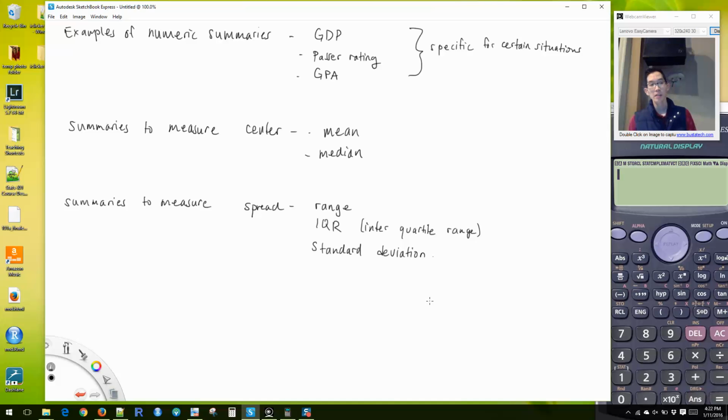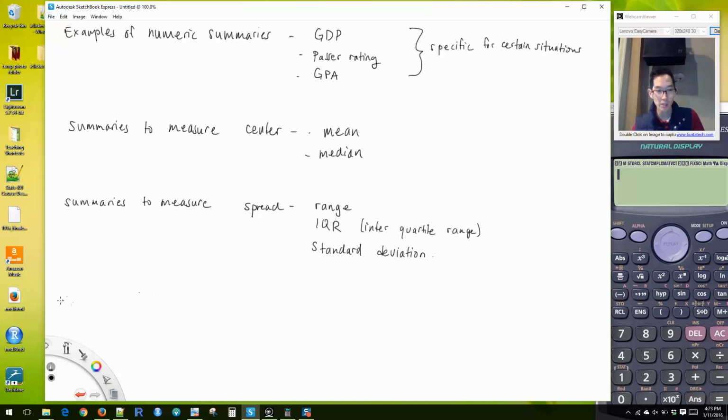separates these and says, if your data has this shape, these are the measures that are preferable for this data. And if your data has this shape, these are the measures that are preferable in that situation. The truth is we can calculate the mean and the median for any shaped numeric data. And we can calculate the range, IQR, and standard deviation for any shaped numeric data. But the book does have a point in saying we might prefer these measures of center or spread in certain situations.